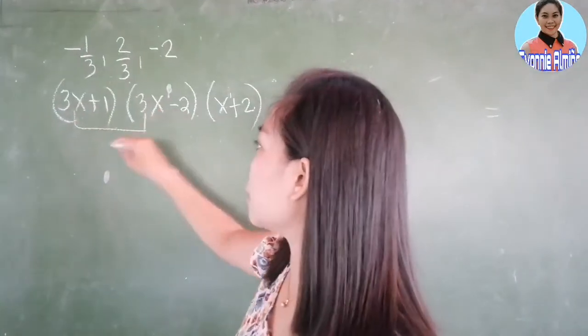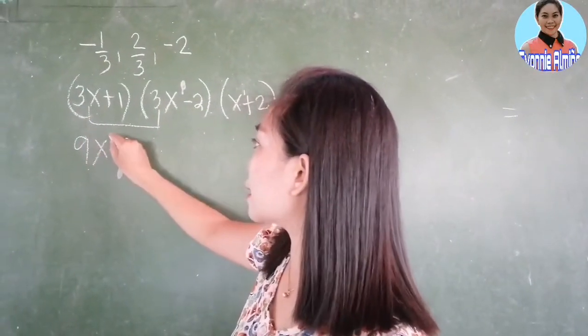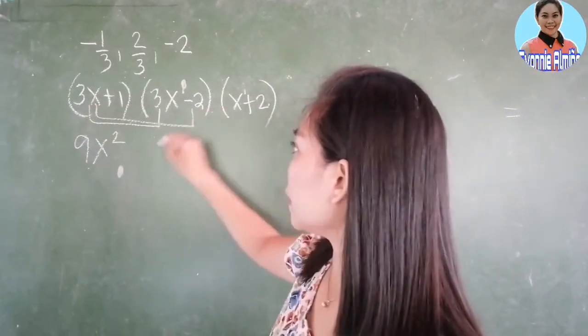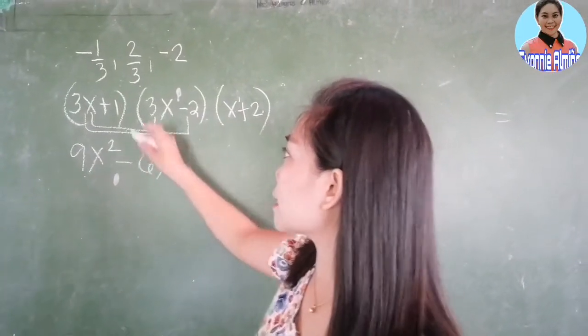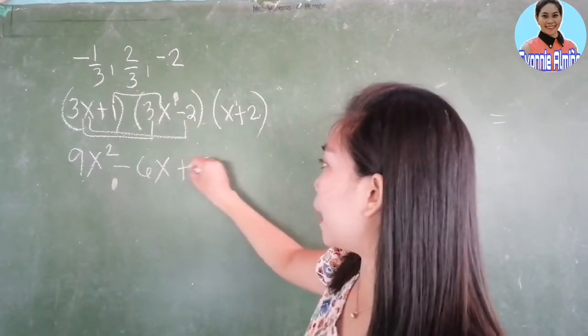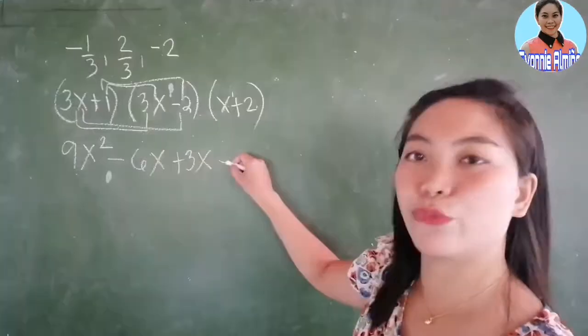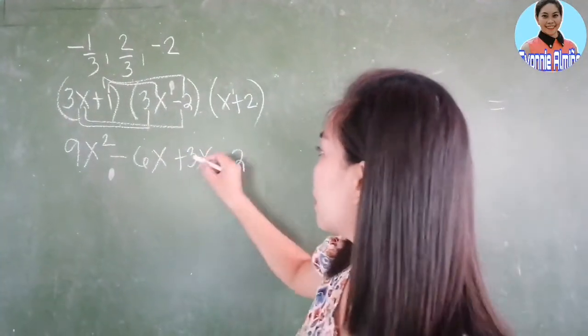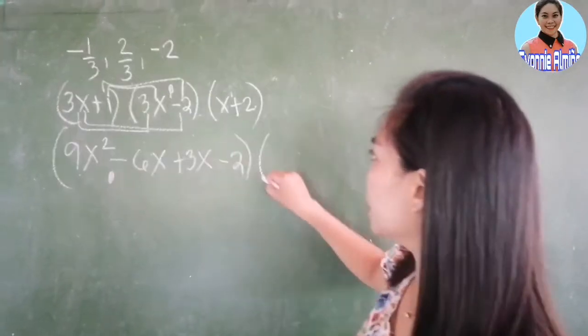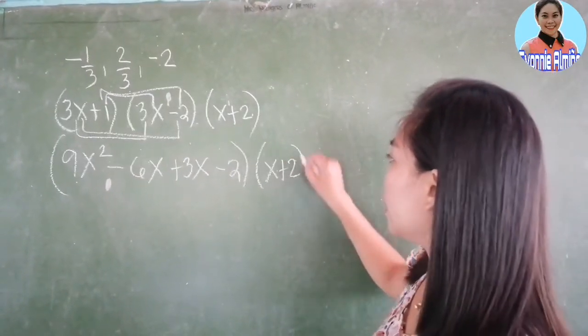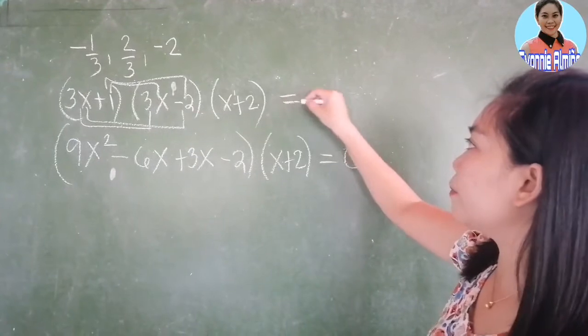So, FOIL natin. So, you have 9x squared minus 6x, then plus 3x, then of course, negative 2. Then, bring down x plus 2 equals 0.